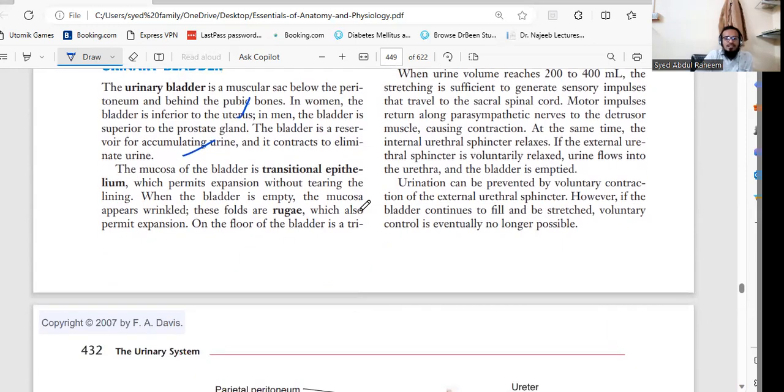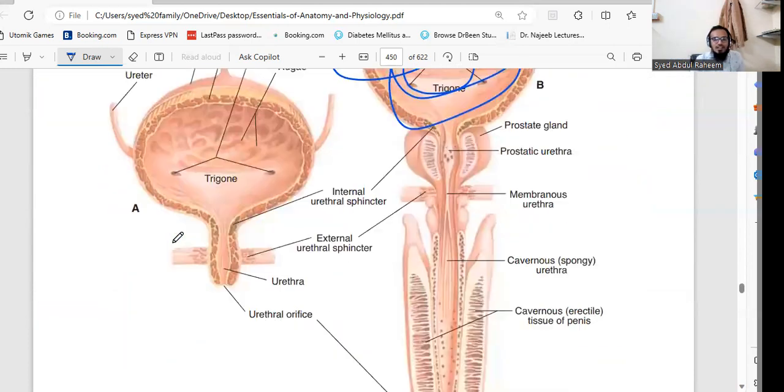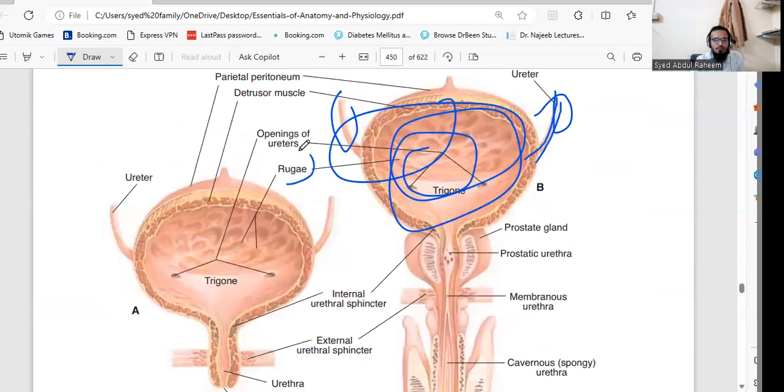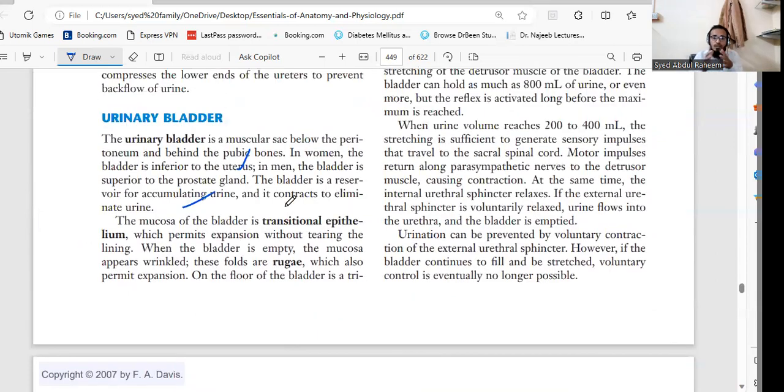It is made up of transitional epithelium, which permits expansion without tearing the lining. So it has the capability to expand. Whenever the bladder is full of urine, it has the capacity to expand. Inside, we have folds, which give it the ability to expand.